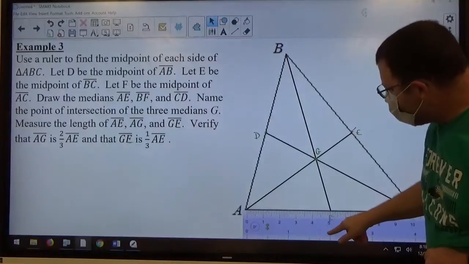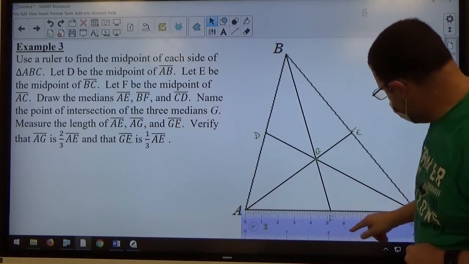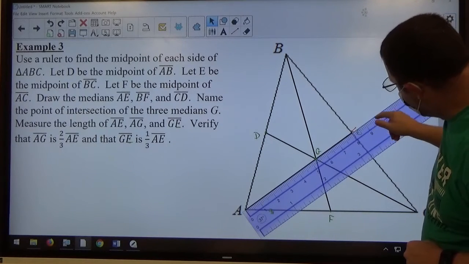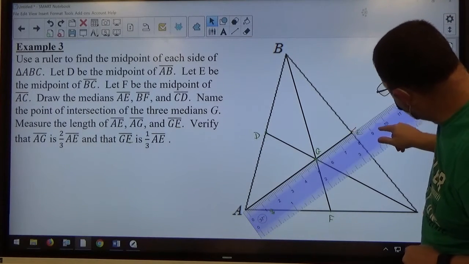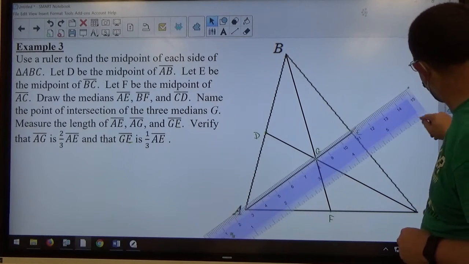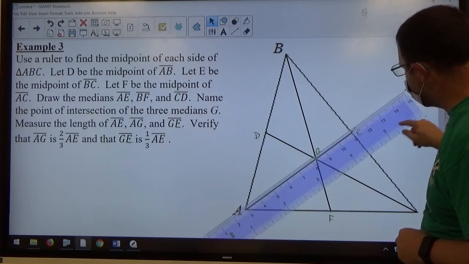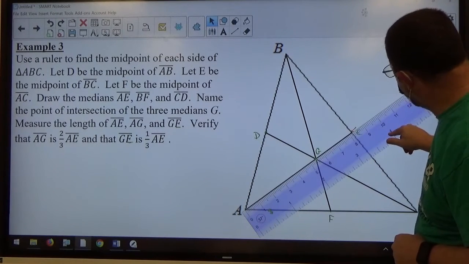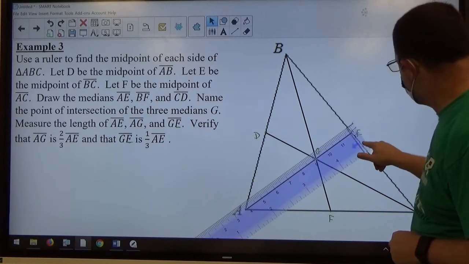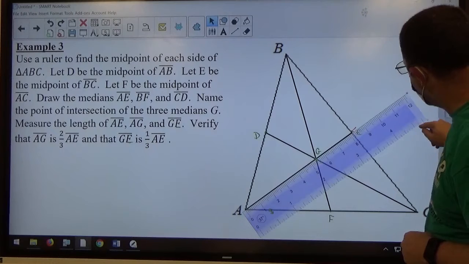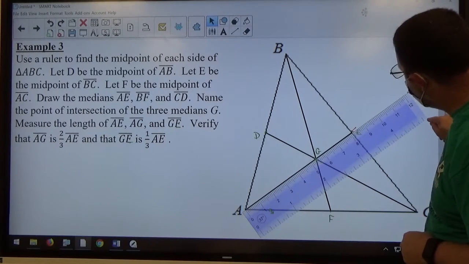But if I place my ruler at 0 at A and I open up to E like so, I'm trying to get a number divided by 3 nicely, so let's see what I can do here. That's pretty close. There we go.